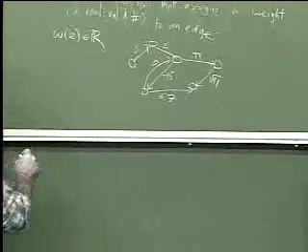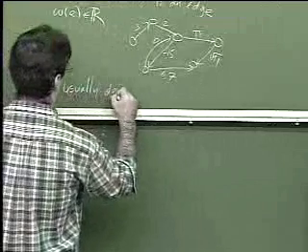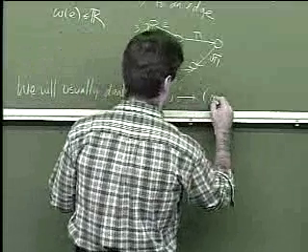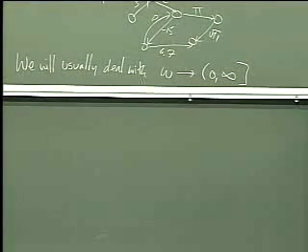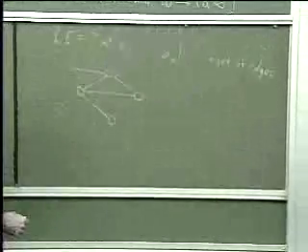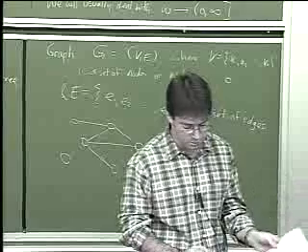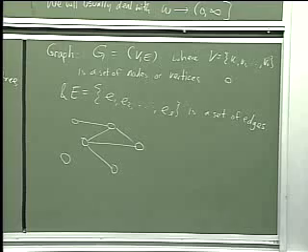But we will usually deal with W mapping to positive values. Graphs where the edge weights are non-negative or in fact positive. We usually won't have zero edges. Any questions?